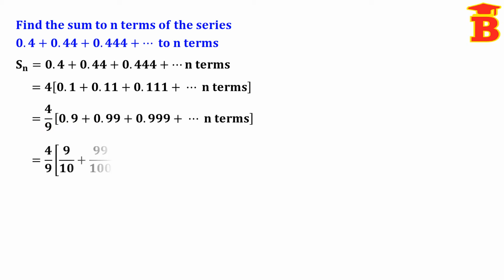Next step, outside number 4 by 9 into this first term 0.9 can be taken as 9 by 10 plus this second term 0.99 is 99 by 100 plus this third term 0.999 is 999 divided by 1000 plus etc. up to n terms.